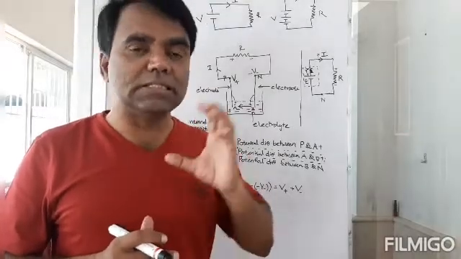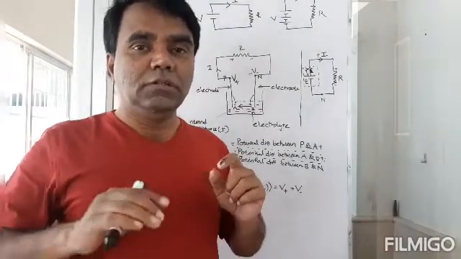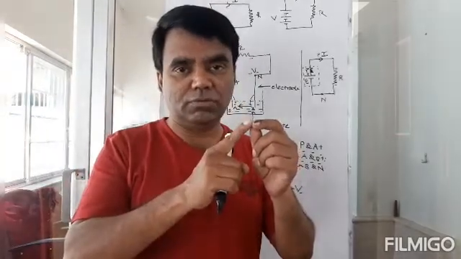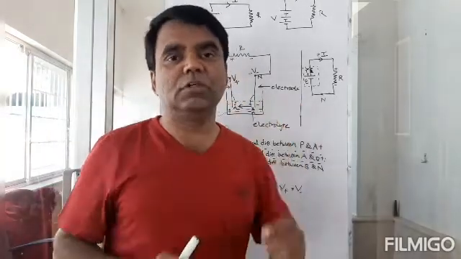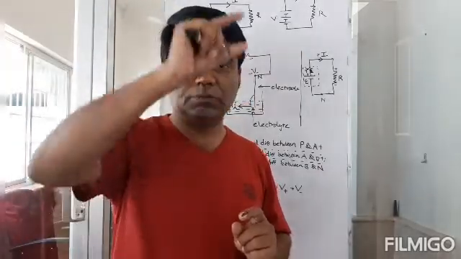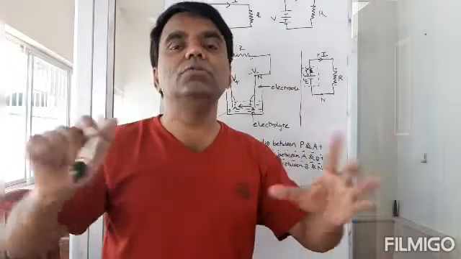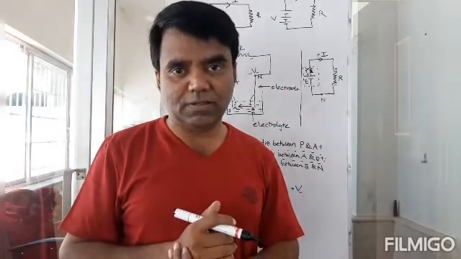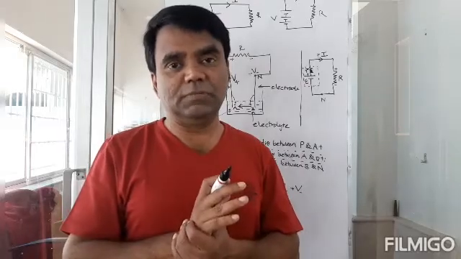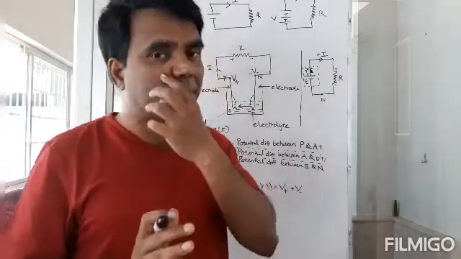So what it says is this: within a closed loop of an electrical circuit, the sum of the potential drops will be equal to 0. That is the second law, the loop law. I'm going to apply that now.